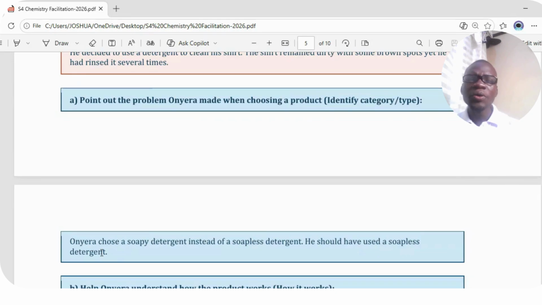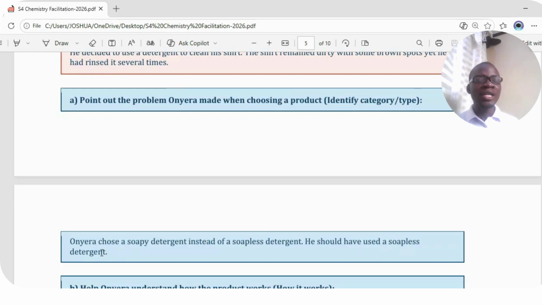Because they've said Onyera slid and his white shirt fell in what? Then when he went for washing, he washed and agitated the cloth very well, but still the cloth wasn't clean. Remember, he used borehole water, and that is hard water.